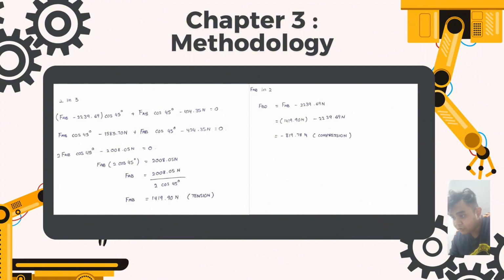For force AB, we get 1419.90 Newton. The condition of thrust is in tension, and for force BD, we get negative 819.98 Newton. The condition of thrust is in compression.